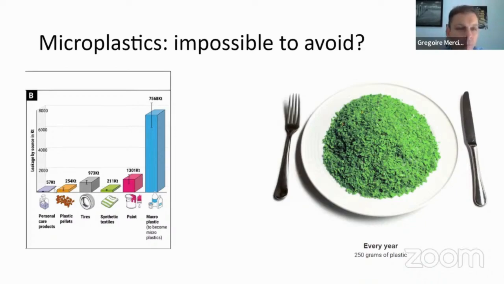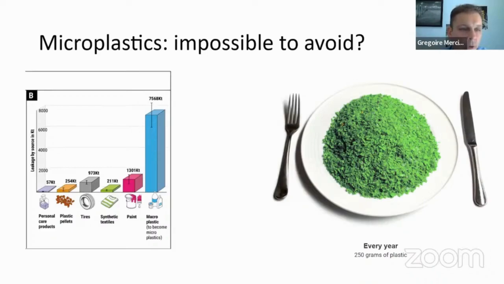Where do they come from? You can see on the left, they mostly come from macroplastics. That's actually litter that is very slowly degrading from macro to micro size. And so that's by far the first source of microplastics.